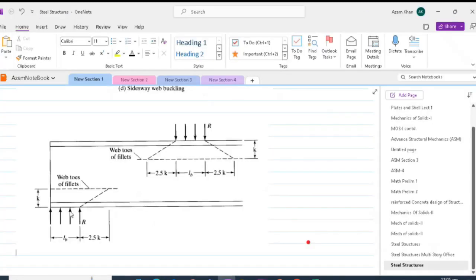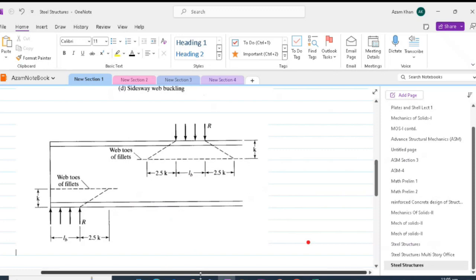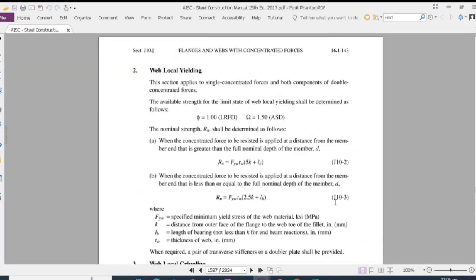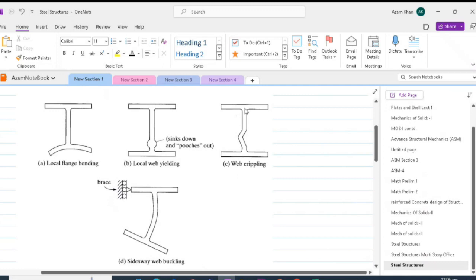Whereas if the force is applied at a distance less than d from the member end, then we can use expression J10-3. In the case of unstiffened webs, we can have the so-called web crippling.